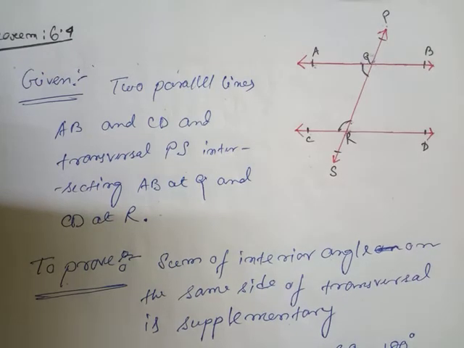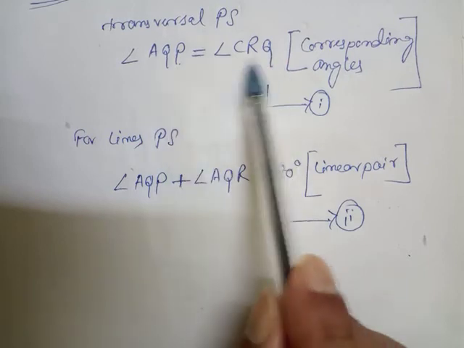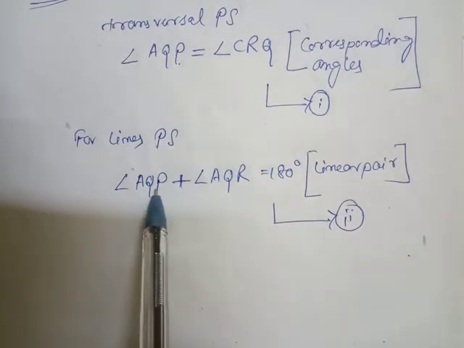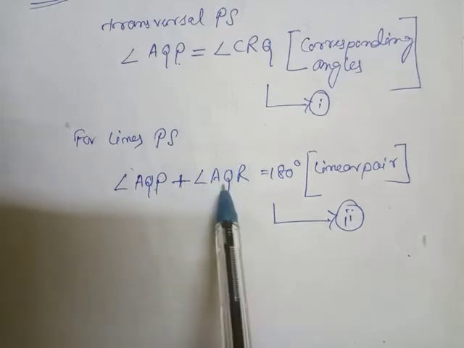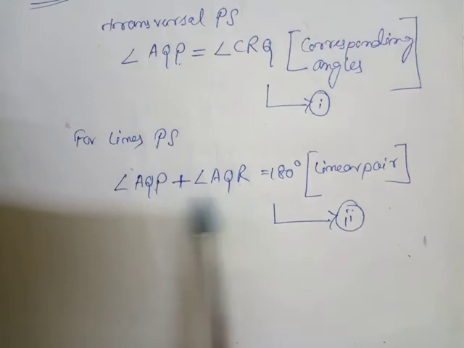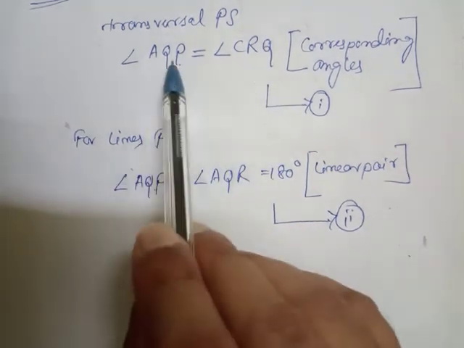Now look, in place of AQP, I may write CRQ because AQP equals CRQ.